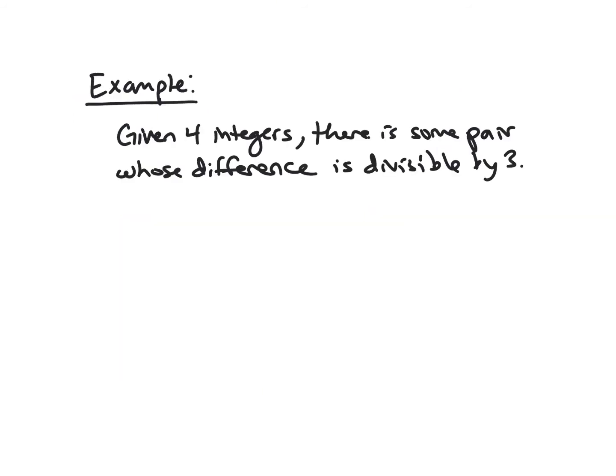So let's look at an example. Here we're given 4 integers, and we want to show that there is some pair of those 4 integers whose difference is divisible by 3. So when you're starting these problems, you want to look at how many things are being put in, right? So we need to figure out how many boxes we need. If we have 4, this is like our mn plus 1, and then we want some pair, right?